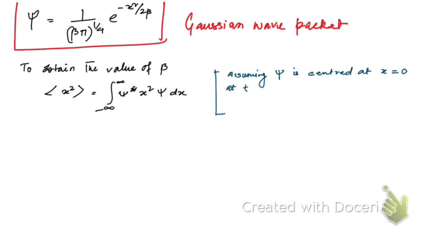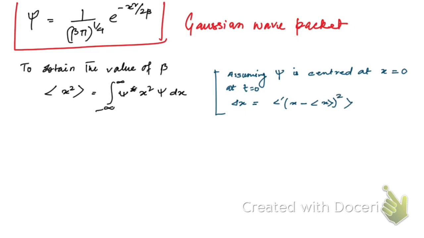So when t is 0, we know that the width of this wave packet, del x, is given by the expectation value of x minus expectation value of x, whole square.